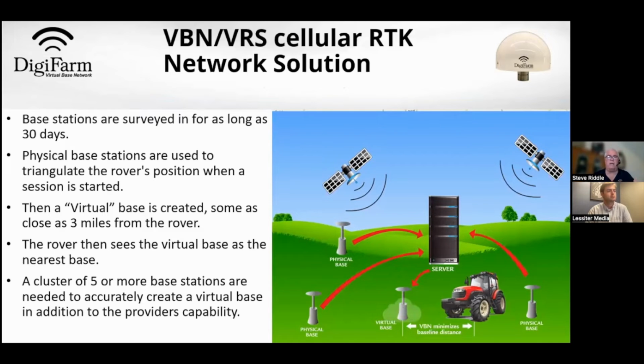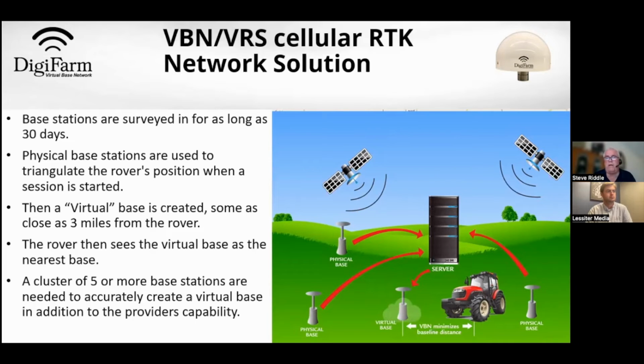I would say in this case, where a single base cellular or radio base, it's there, it knows where it's at, but it doesn't know where any others exist. Where here in a virtual base network or a virtual reference station setup, it's like each base station knows where the other one is, because they're using that to communicate to create that virtual base.